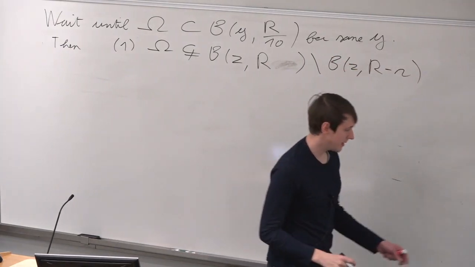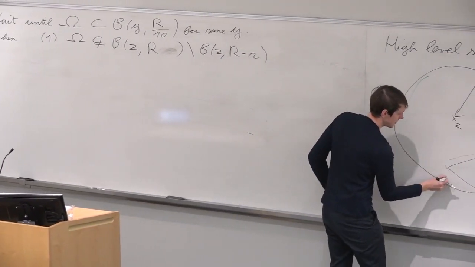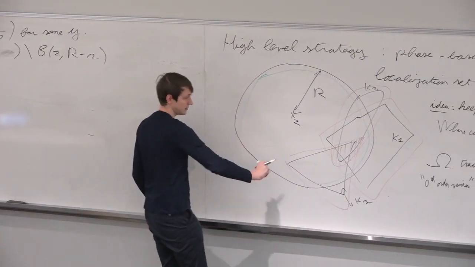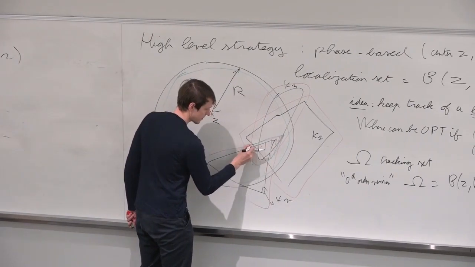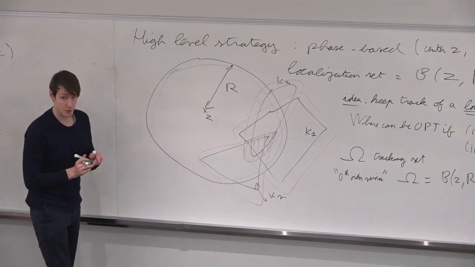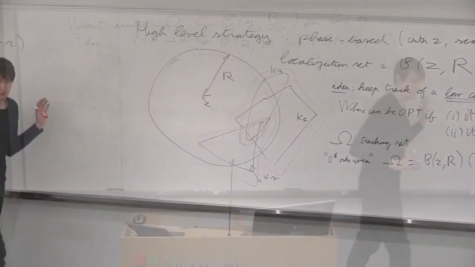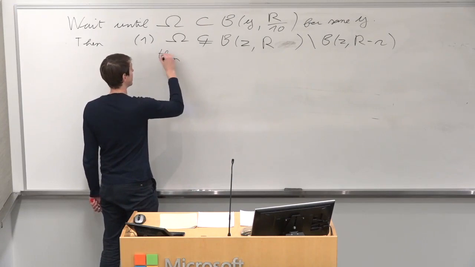I'm just saying it's not in this annulus. So you have a very tiny annulus here of protection, if you want. If my set, when it becomes small, does not live close to the boundary, if it's not reaching the boundary, then shrink.